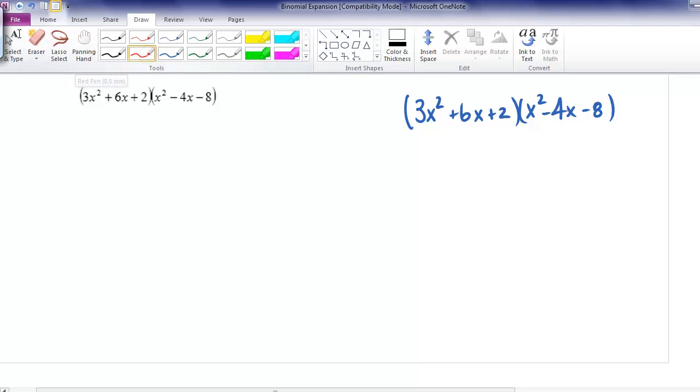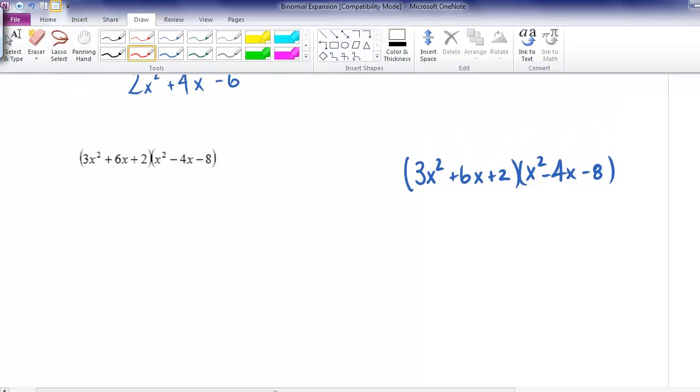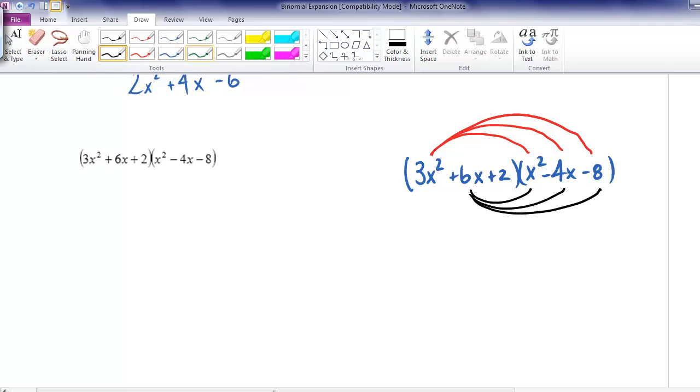And you would just use the distributive property 3 times. You're going to multiply the 3x squared into all those things, and then you're going to multiply the 6x into those things, and then you would multiply the 2 into those things. And we'd end up with 9 items, and then we collect like terms, and away we go.